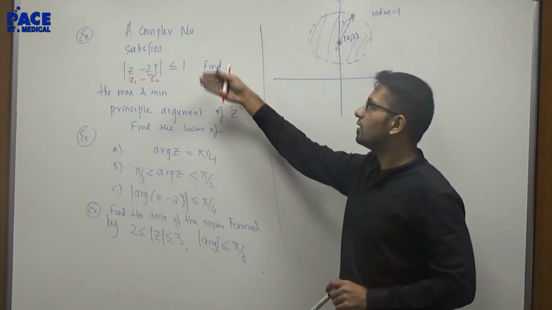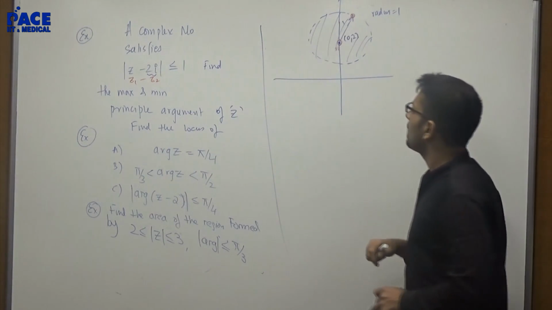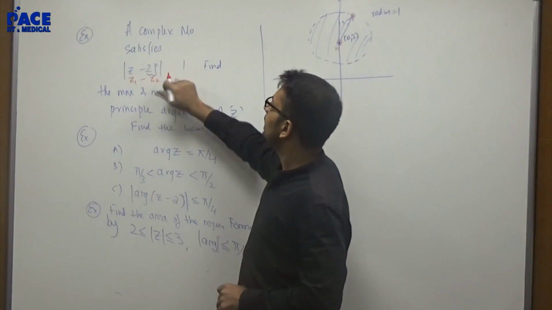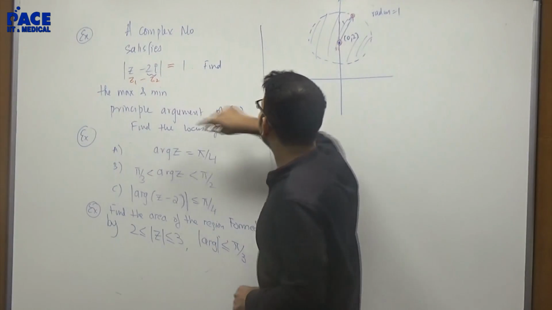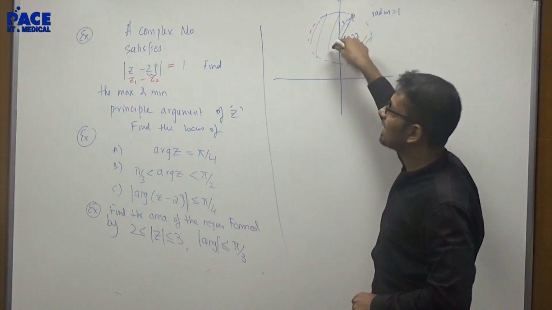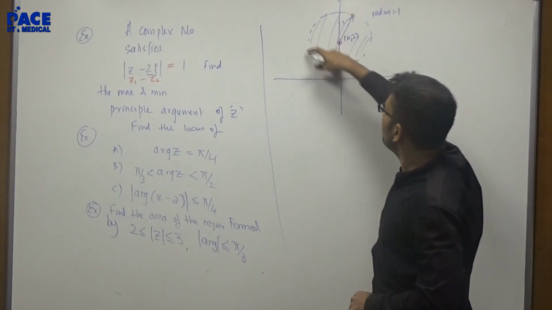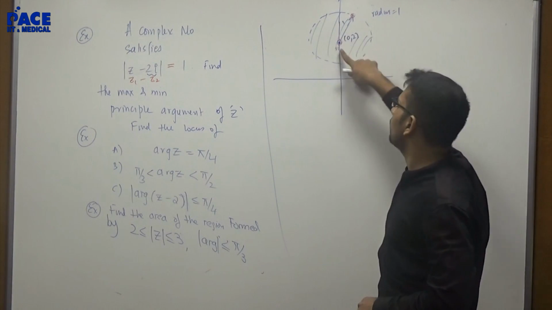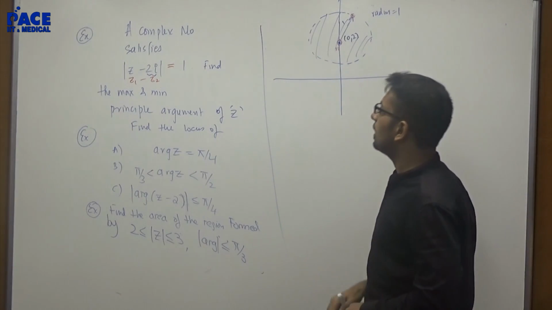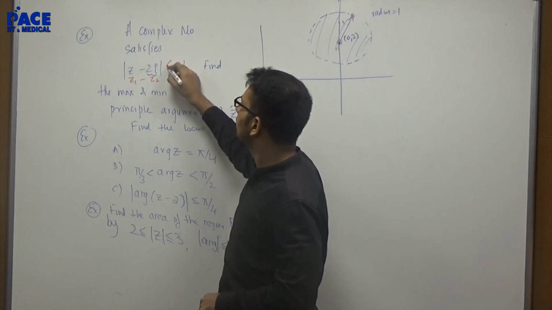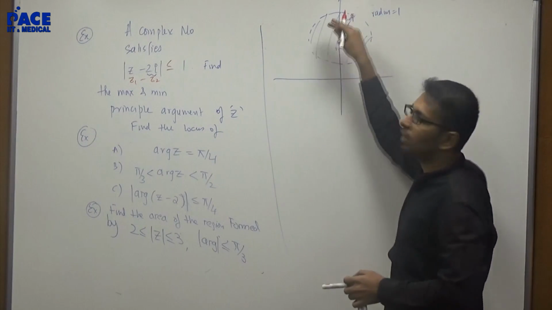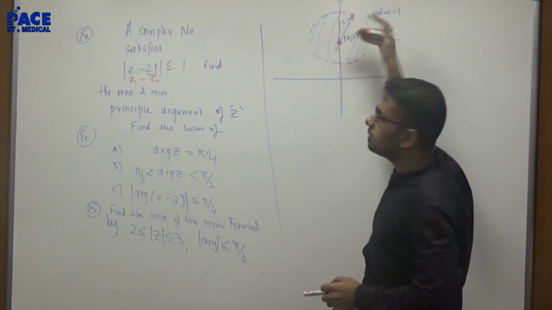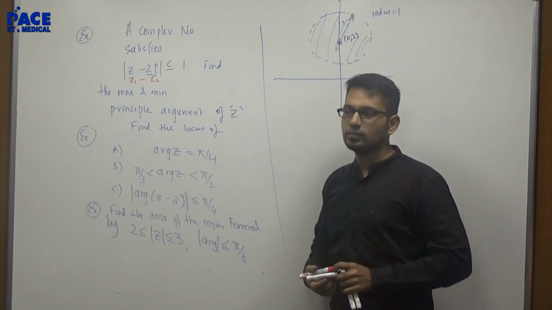And that should be less than or equal to 1. जब equal to 1 है, it will just represent a ring. The distance between these 2 points is exactly 1. So Z can be anywhere around this point at a distance of 1 from 2 iota. और अगर मैं बोलूँ less than or equal to है, तब क्या होता है? Distance could be equal to 1 or it could be within 1. So फिर वो अंदर वाला रीजन भी फिल कर लेगा. ठीक है?